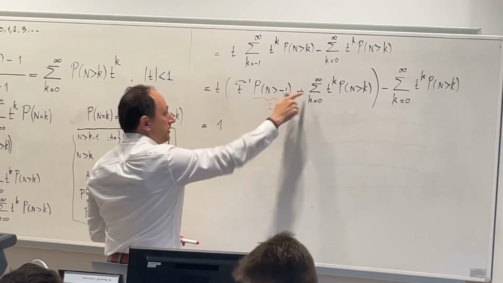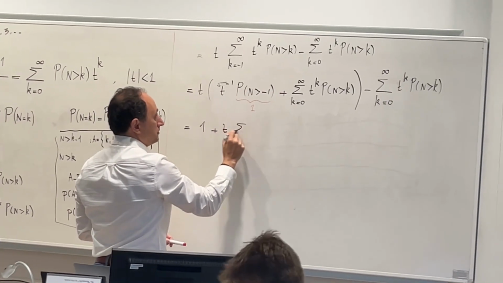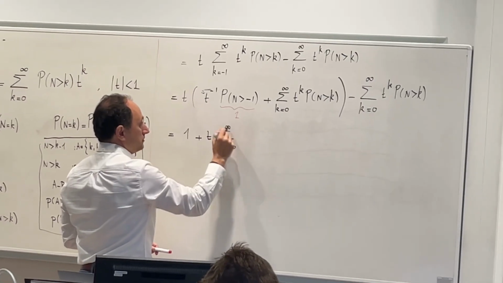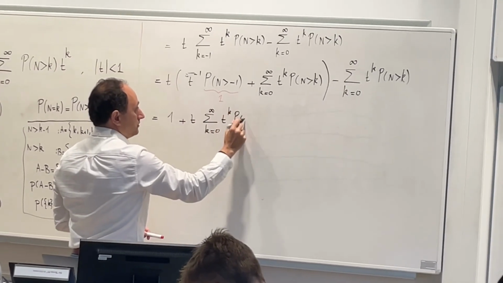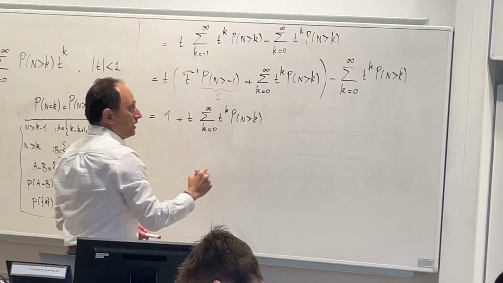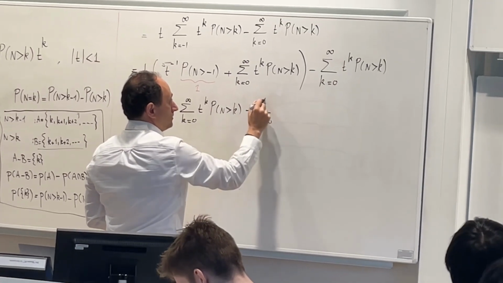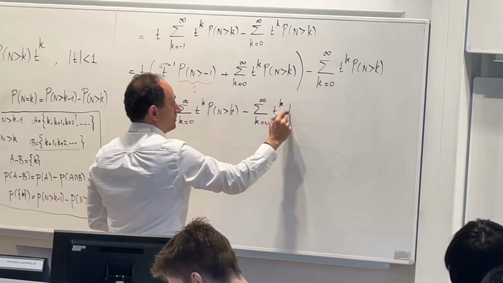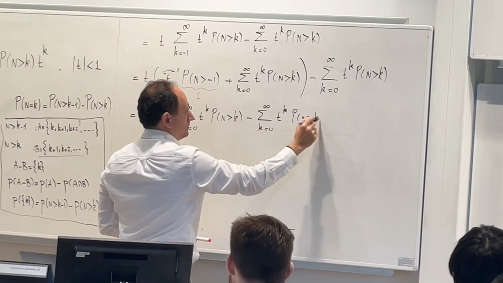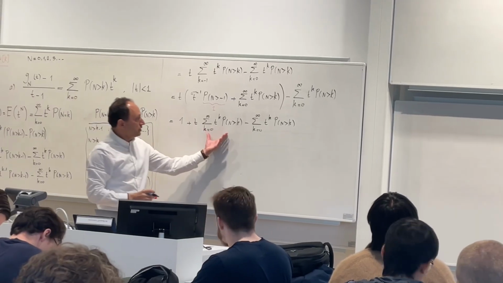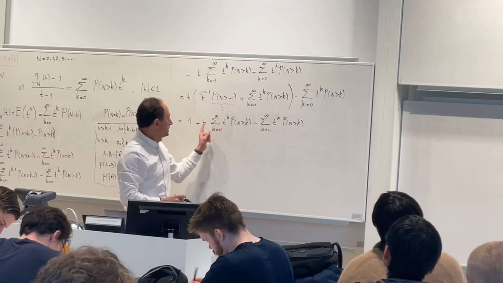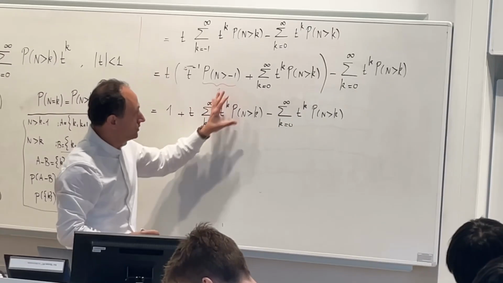T multiplied by that, and then I copy and paste the rest. Do you agree? And now what happens, this term is exactly that term, but this happens with t, so I can factor this term out.